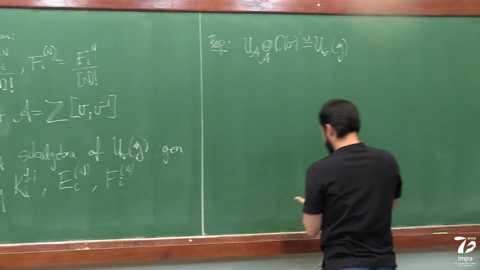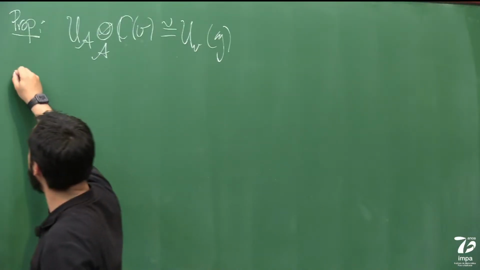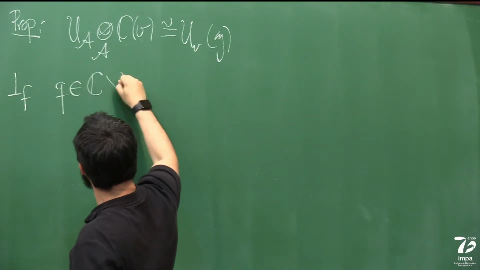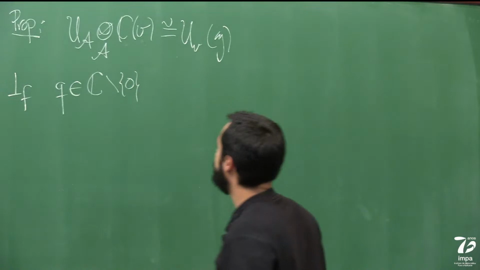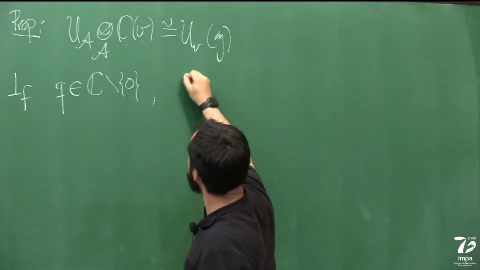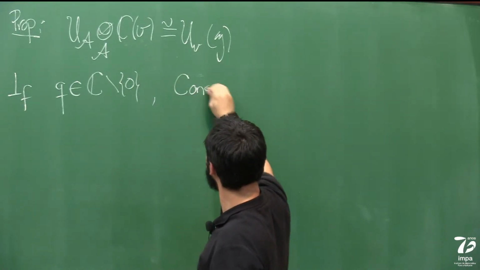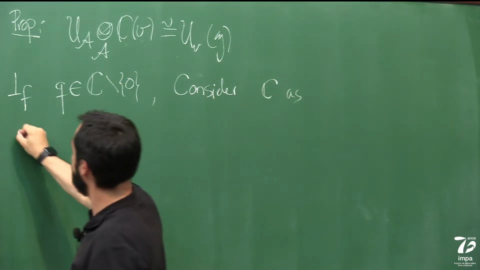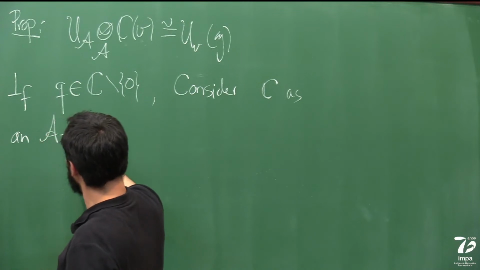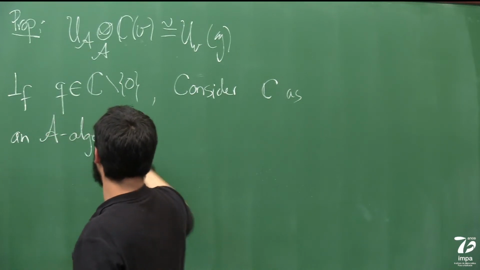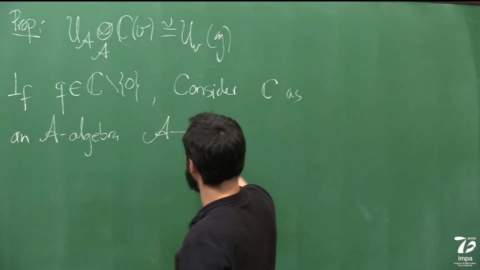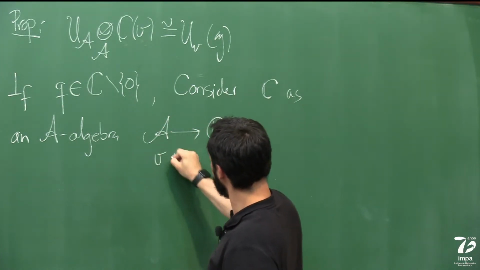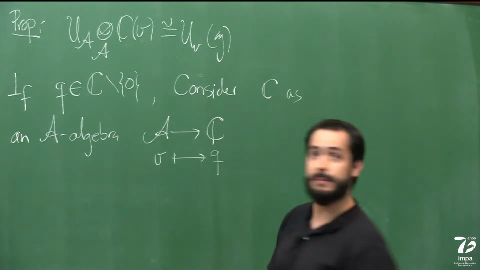And using this, I can consider the following. If q is a nonzero complex number, I consider C as an A-algebra by the map in which A is sent to C, the variable v I just send to this number q.